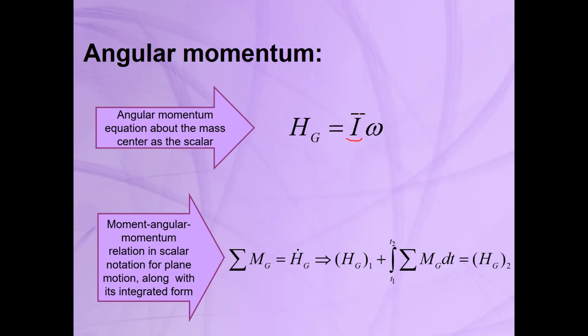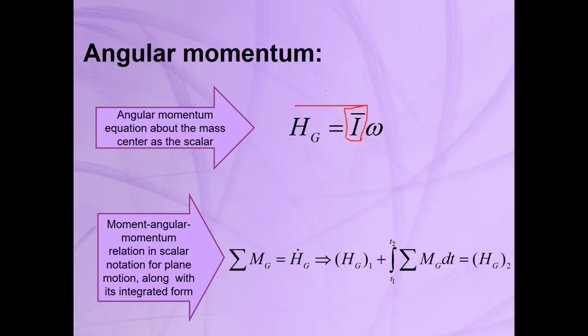In fact, in the particles, instead of this I bar, the mass moment of inertia, we had the mass moment of the particle about that point that you calculated the angular momentum.